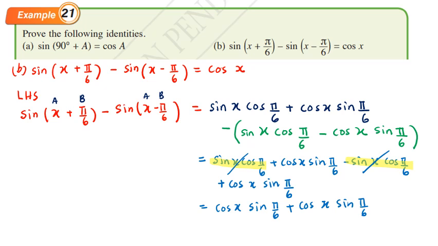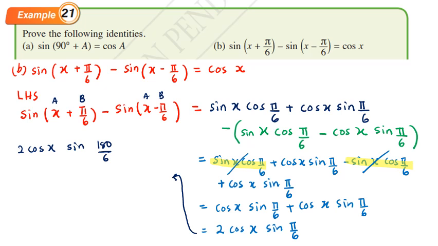Kita ada dua unknown, right? So it becomes 2 cos x sin pi over 6. Okay? So now 2 cos x sin pi over 6, you kena guna calculator. Kita tulis dekat sini. Okay. So 2 cos x sin pi is 180, right?